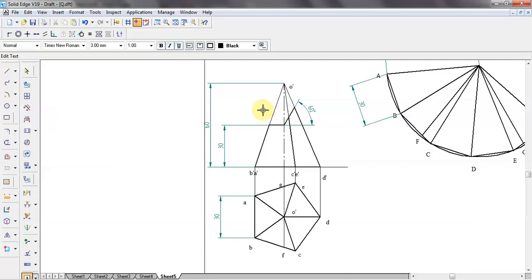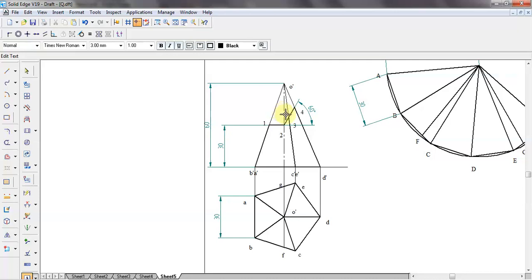This is 1 in between A and B. This is 2, three, 4.